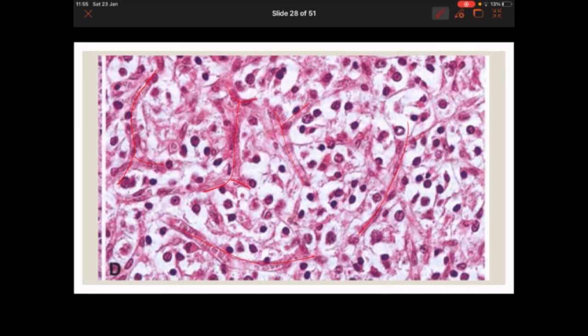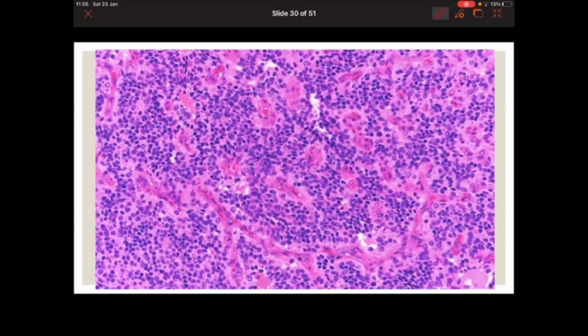And the neoplastic cells are very uniform, with rounded nuclei and very apparent clearing of the cytoplasm, perinuclear halo, causing them to look like a fried egg appearance.